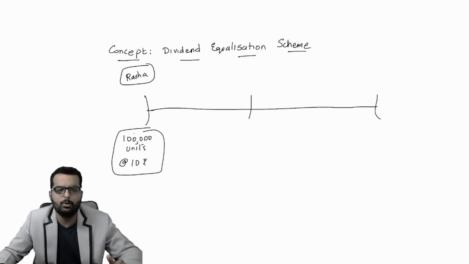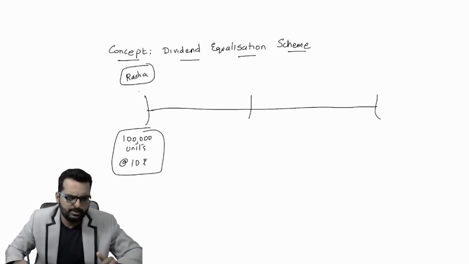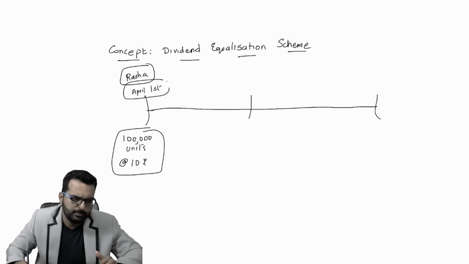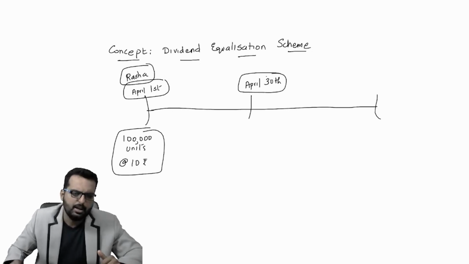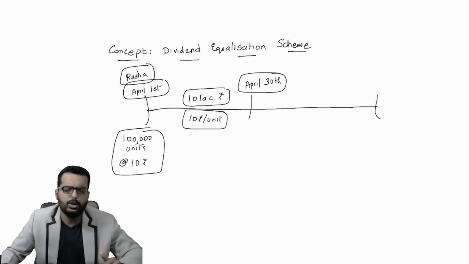There is no other unit holder. Now, this is as on April 1st. For the period of April 1st to April 30th, let us assume there has been some income of 10 lakh rupees. So 10 lakh rupees means it turns out to be 10 rupees per unit of income has come.